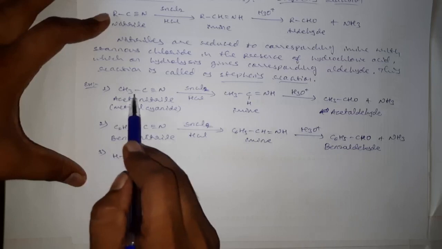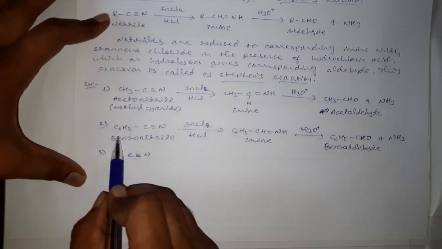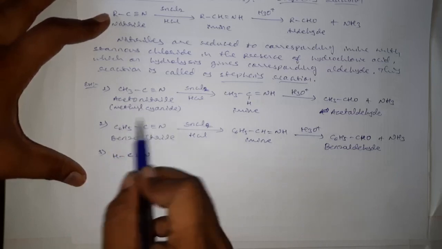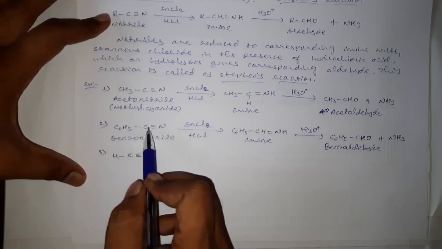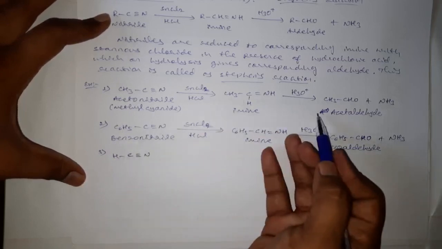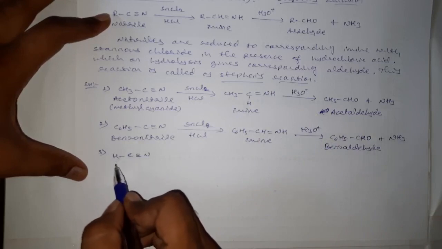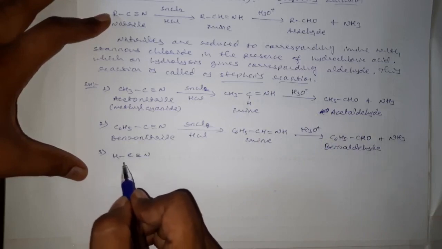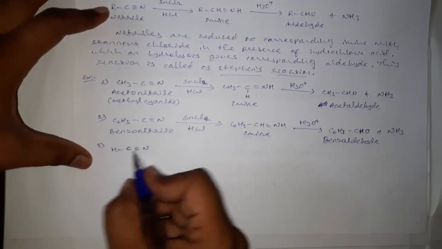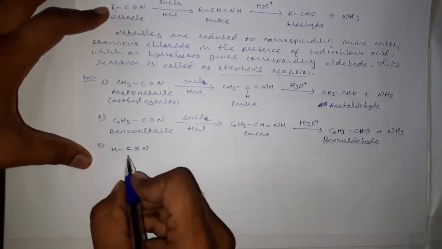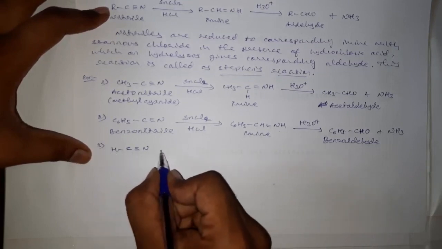If electron donating or electron withdrawing groups are there, then they will increase the reactivity of the corresponding nitrile towards the reaction. But if no substituents are there, only hydrogen is there, then it will not affect the reactivity of the nitrile. But anyhow, we can prepare formaldehyde by this method.